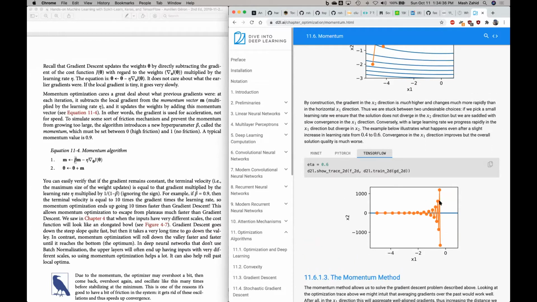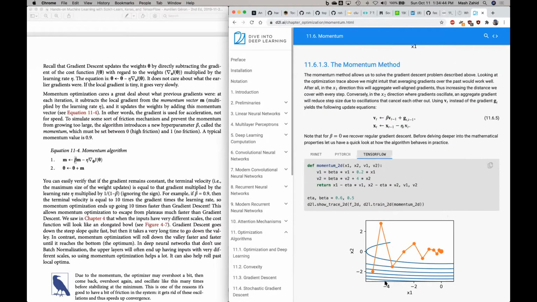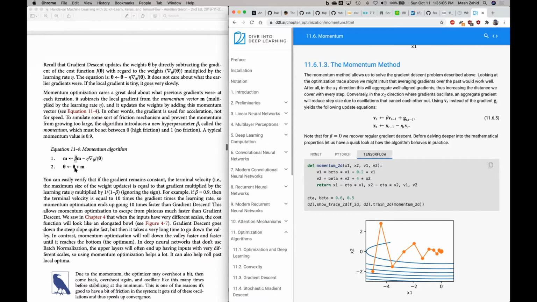It oscillates wildly as it tries to get to its local minimum. But if you use momentum, you do a much better, faster job of getting to the origin point, the minimum. That's because of this clever little trick of looking at previous gradients and using that as a way to update each new gradient, similar to how you use the learning rate.